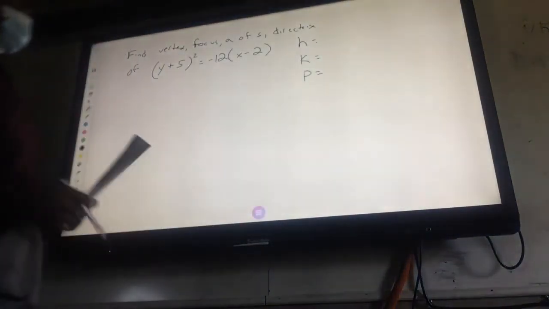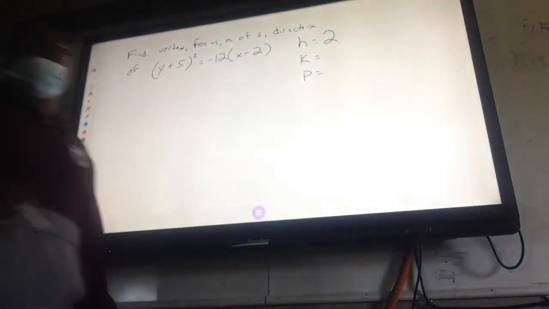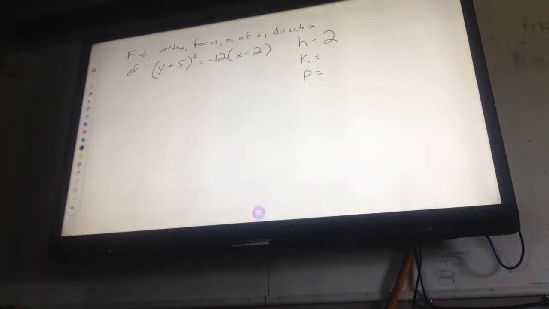What is the value of H in a horizontal parabola? What's the value of H in this particular one? It comes out opposite. So H is actually equal to 2. Look at that horizontal parabola formula I gave you.